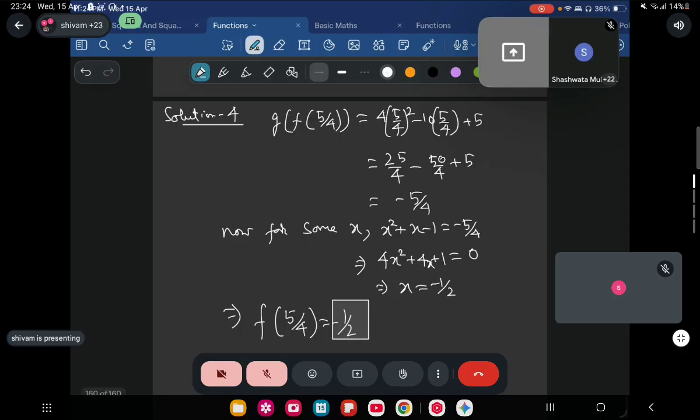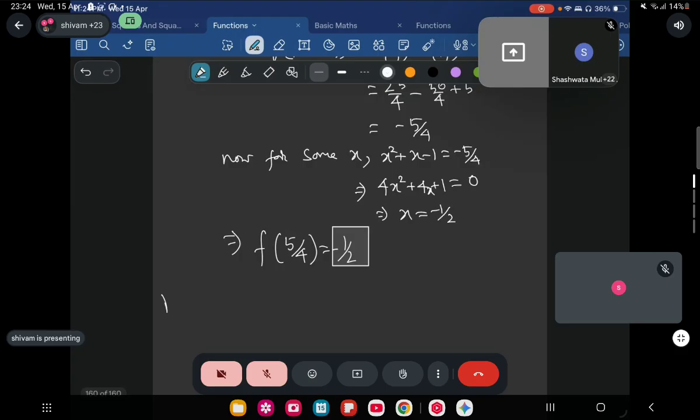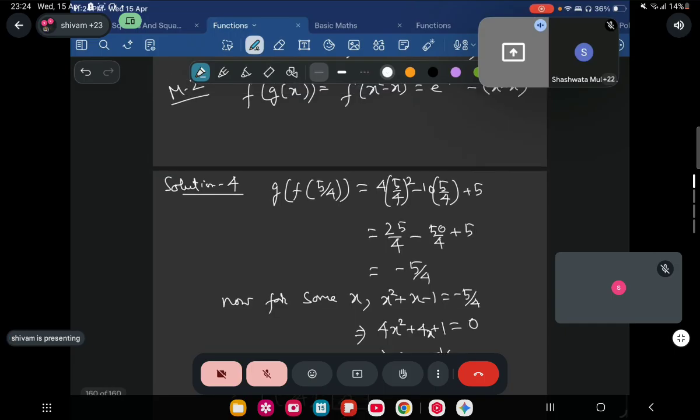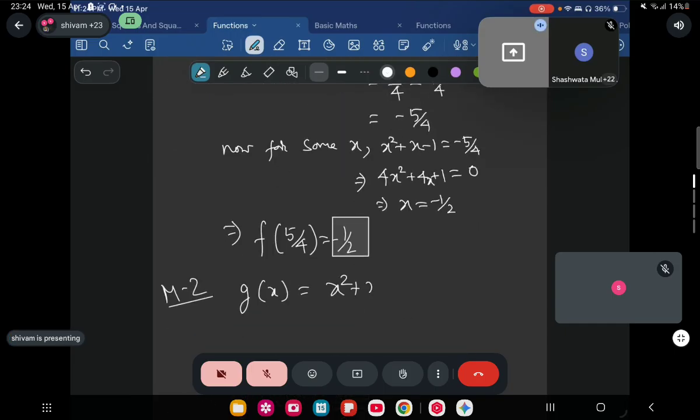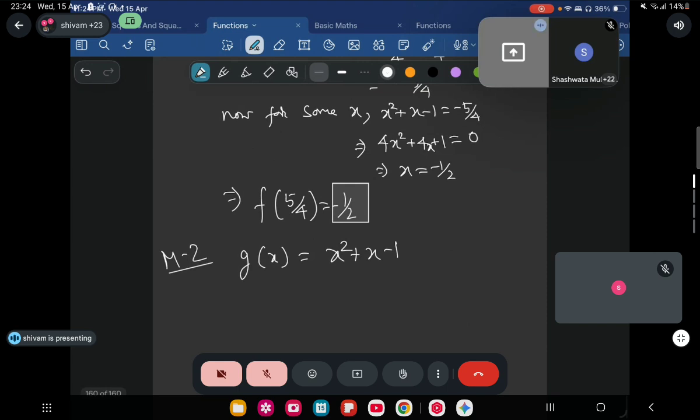Method 2: you can simplify g of x a little bit. g of x is equal to x square plus x minus 1. Let us make it a perfect square. This can be written as x square plus 2 into x into half plus half whole square minus 1 minus half whole square.